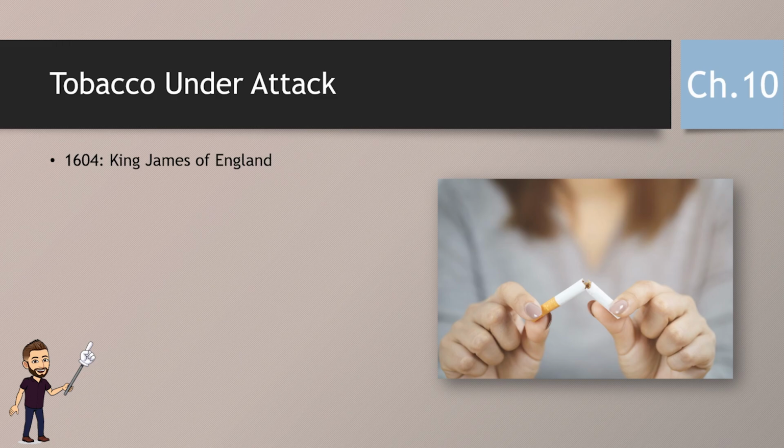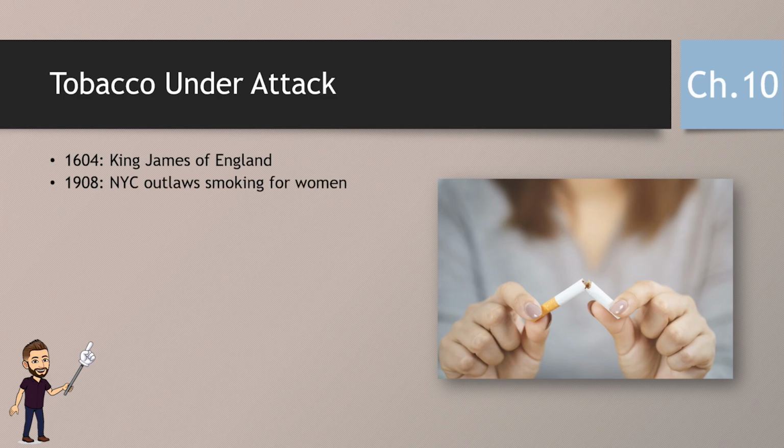So this all started back in 1604, where King James of England actually published an anti-tobacco pamphlet. So this is kind of where this started. And he stated that it was actually harmful to the brain and dangerous to the lungs. Though he did support the tobacco trade in America, again, he started this idea that maybe it isn't the best thing and there might be some dangers associated with it.